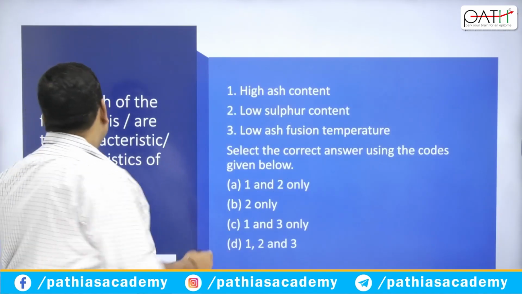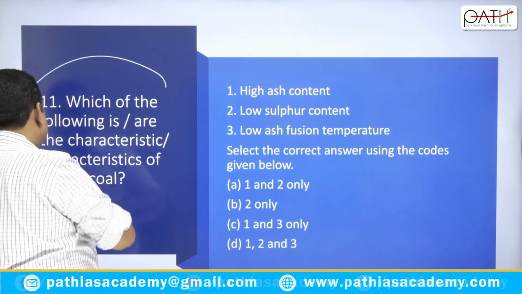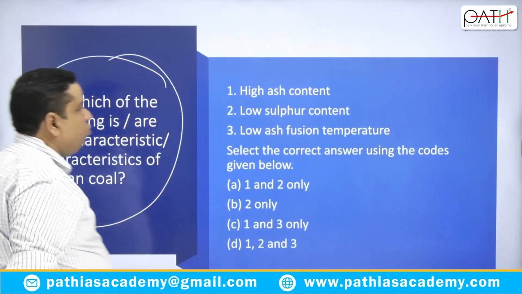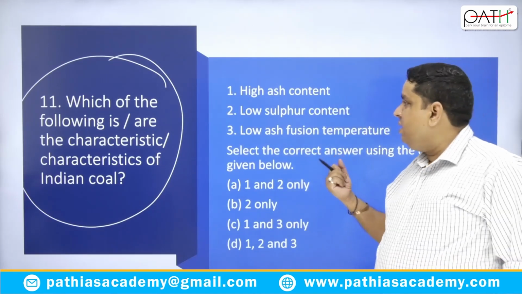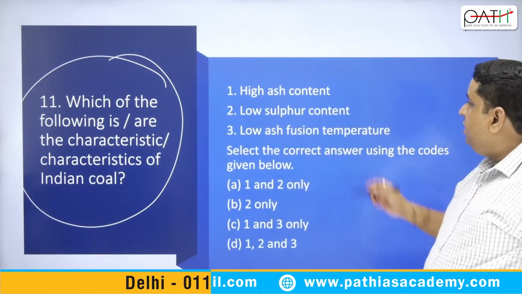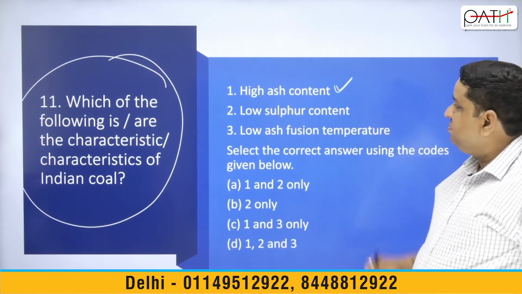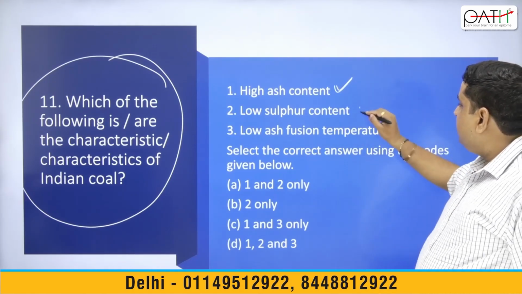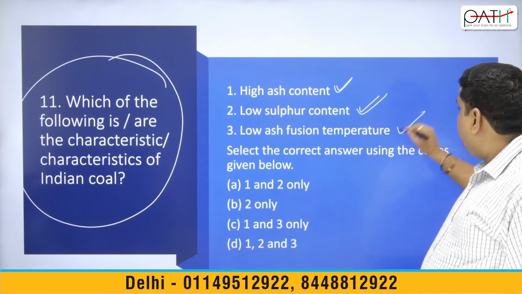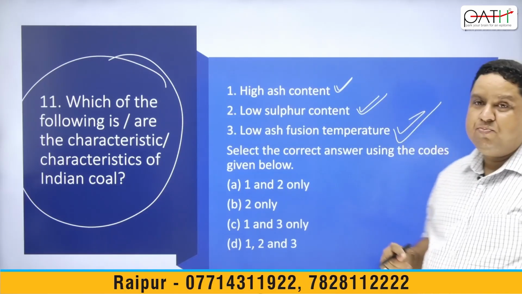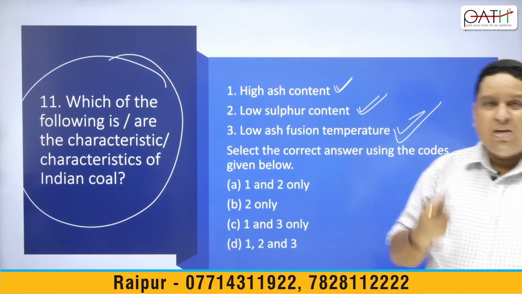Next question: which of the following is a characteristic of the Indian coal? So it has high ash content. Second, it has low sulfur content, and it has low ash fusion temperature. What is low ash fusion temperature?